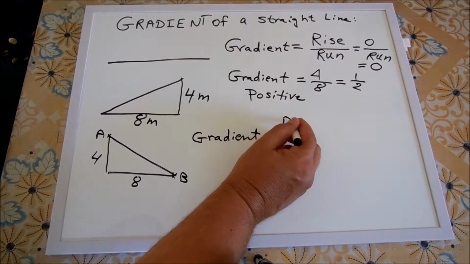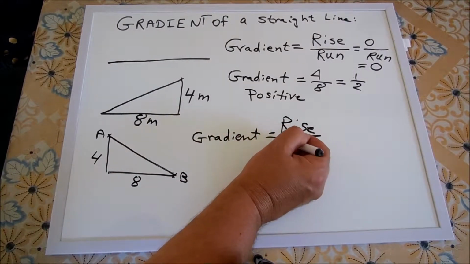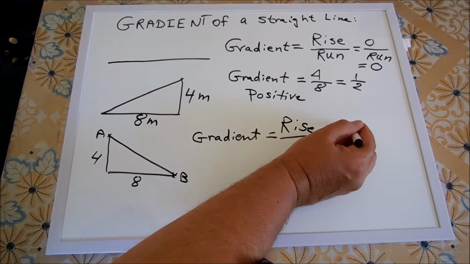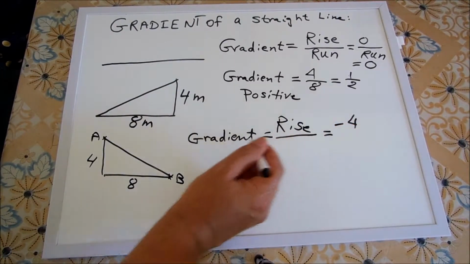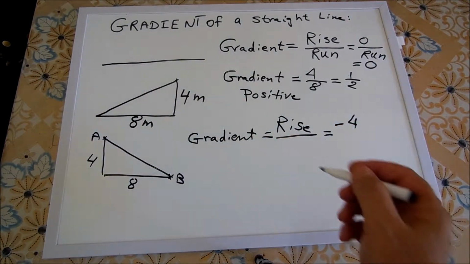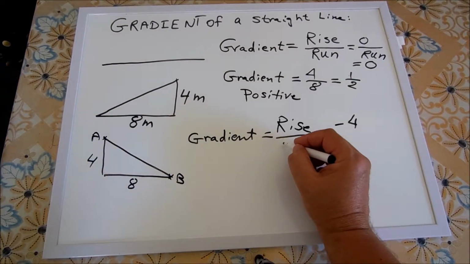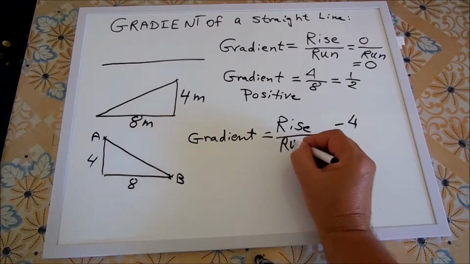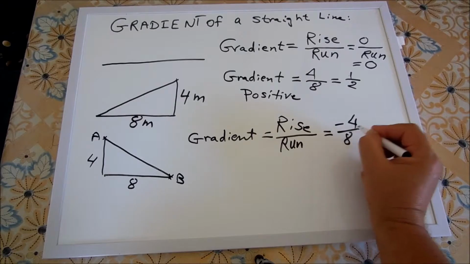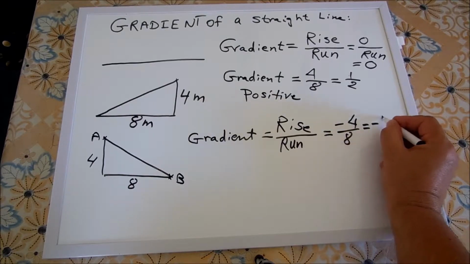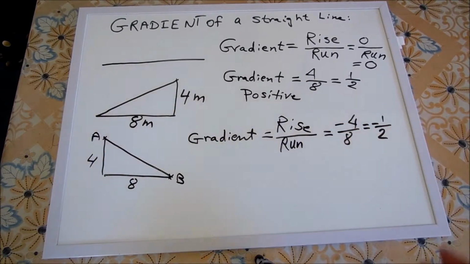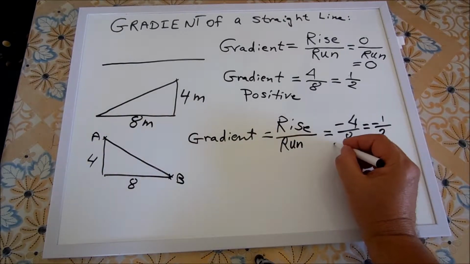So the rise is -4 over run. Okay, run stays positive. And if this is simplified, this is -1 over 2. So in this case, we say that the gradient is negative.